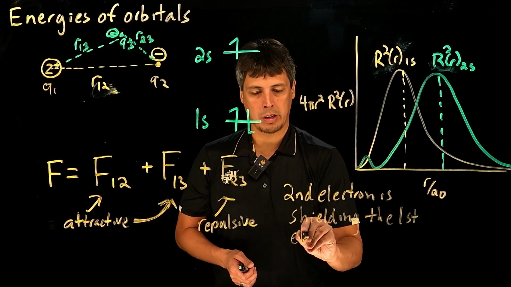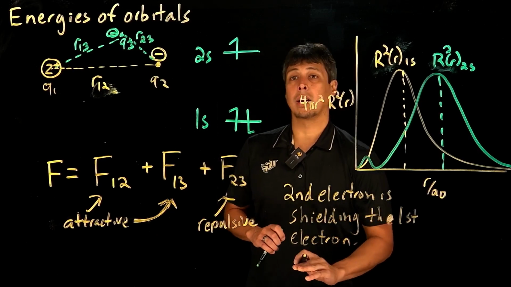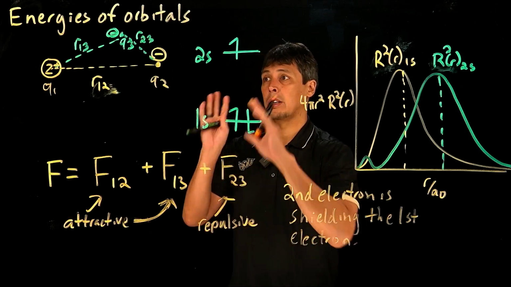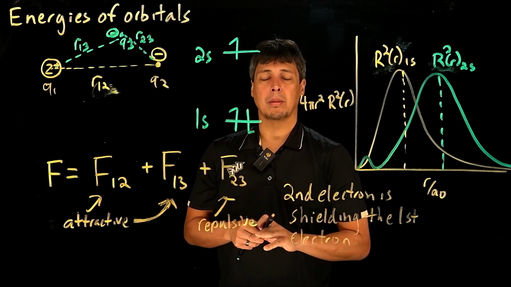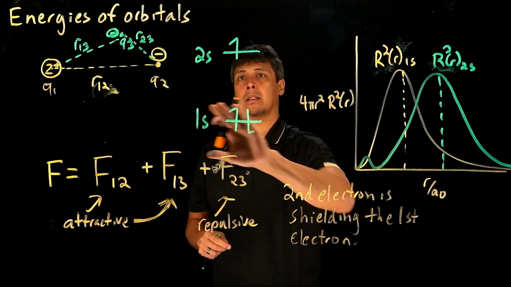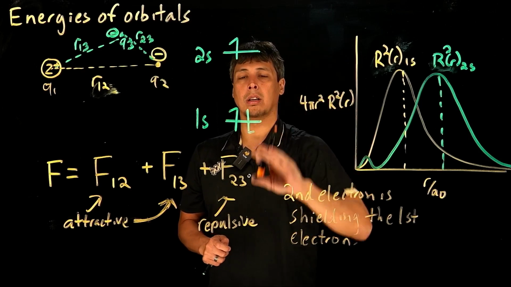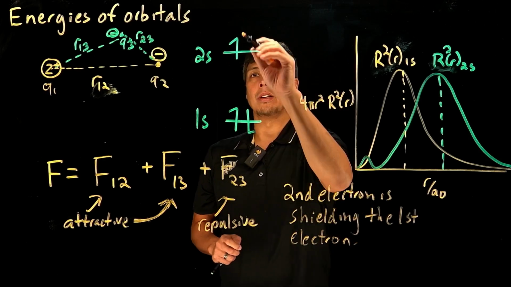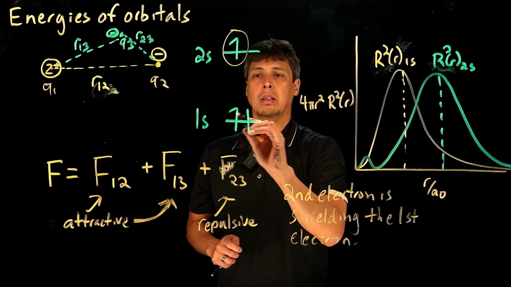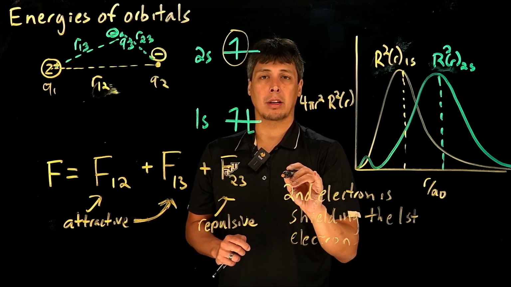And as we have more and more electrons within an atom, there's going to be a lot more of this interaction between other electrons. So, for instance, where we have an electron in the 2s orbital and two electrons in the 1s orbital, the 2s electron would feel shielding from both of the lower energy electrons in the 1s shell.